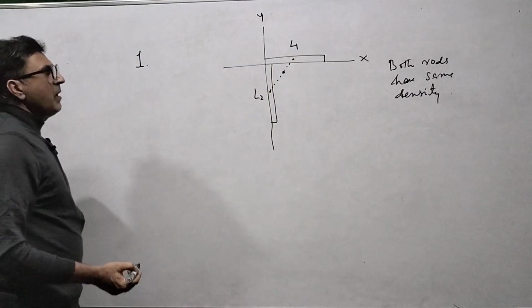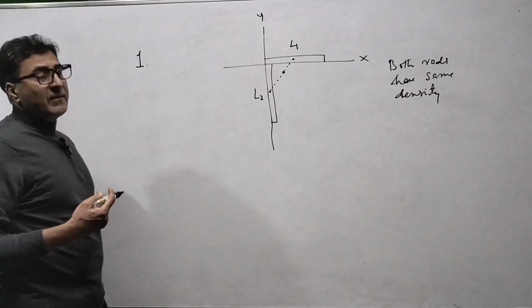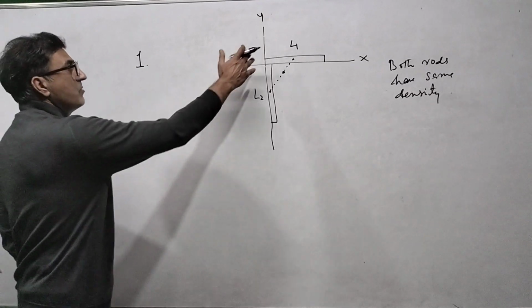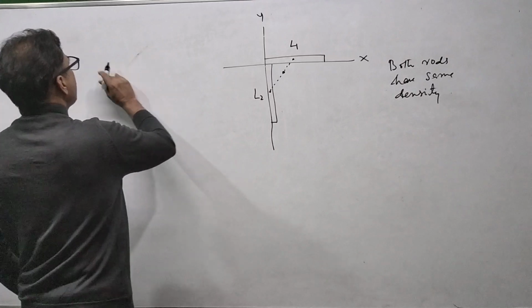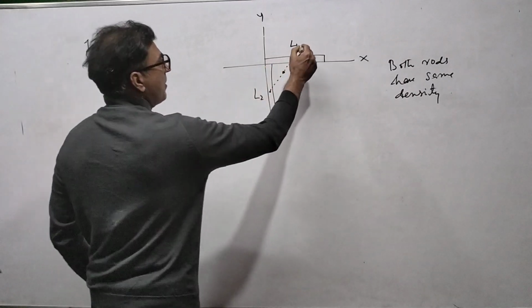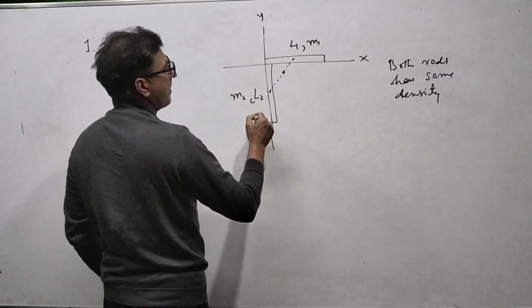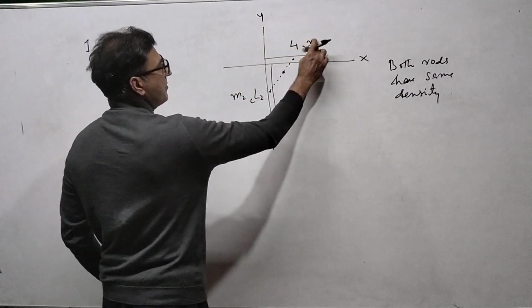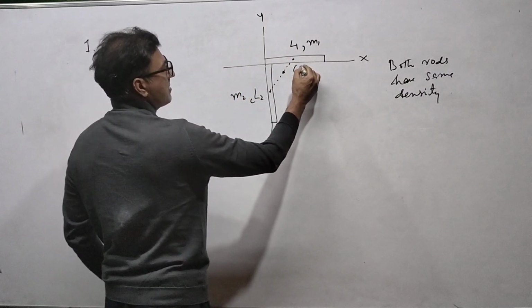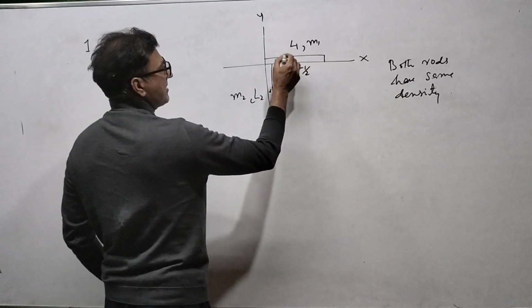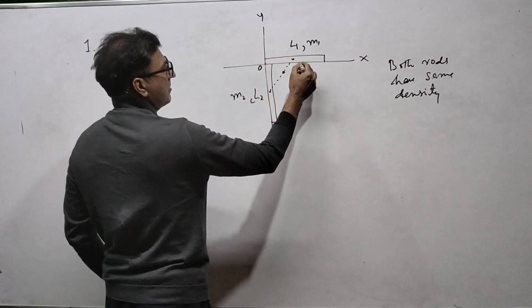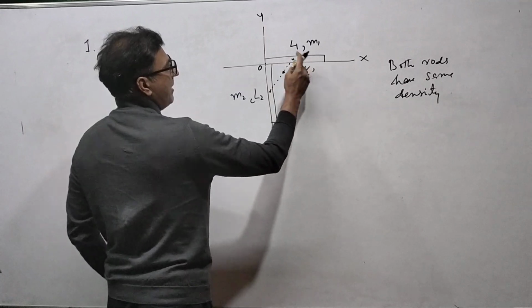Okay. So how to write the center of mass? How to look at the coordinates of the center of mass of this two-body system? Let its mass be m1, and let this one's mass be m2. What are the coordinates of the center of mass of this rod? That is L1 by 2, because the origin is from here. And what is the y coordinate?